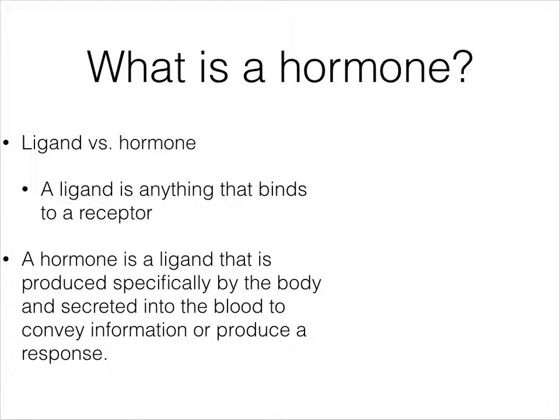So that's an example of a ligand producing a response. Your pancreatic cells monitor the external environment. Glucose, however, is not considered a hormone because it's not something that is produced as a signaling molecule by the cell. It's just something that it's detecting in its external environment. So hormones are always things that your body intentionally manufactures.